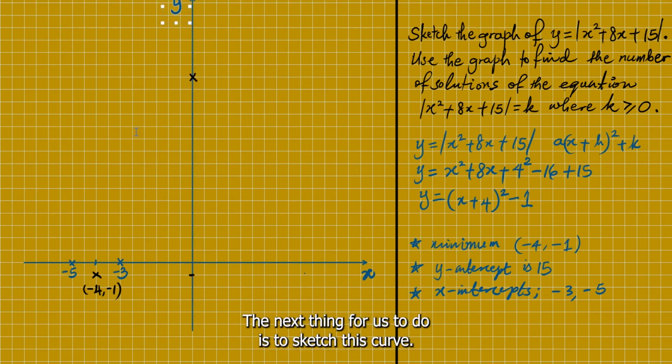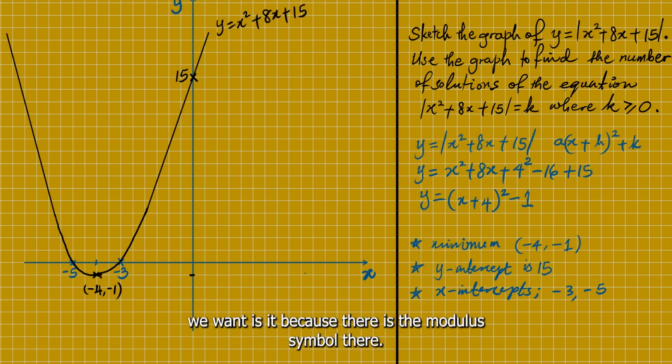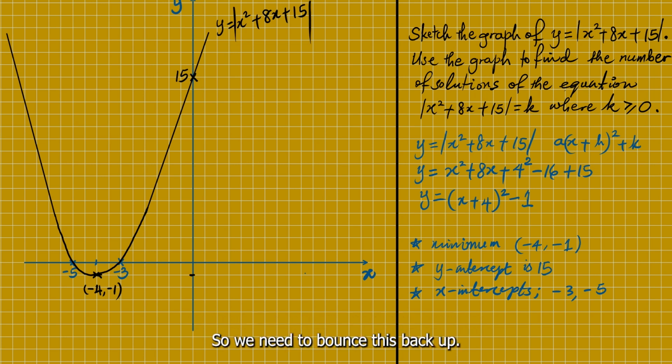The next thing for us to do is to sketch this curve. So originally this is y equals x squared plus 8x plus 15. But that's not what we want, is it? Because there is the modulus symbol there. So we need to bounce this back up. That's this part that is below the x-axis.